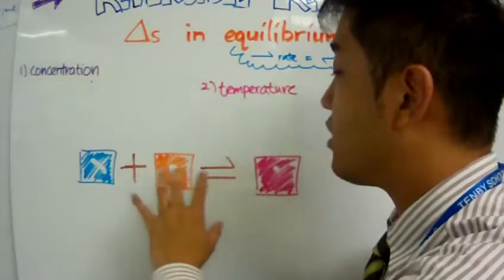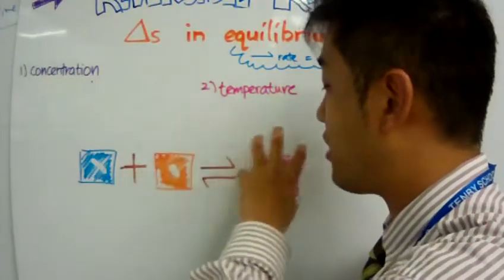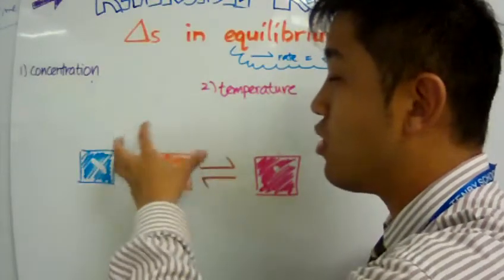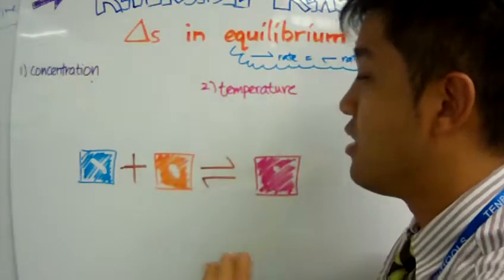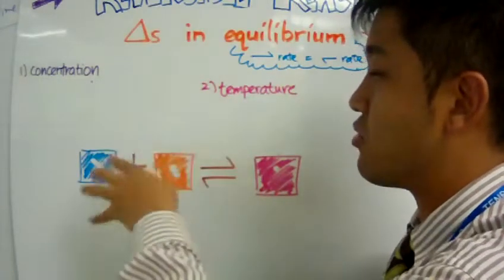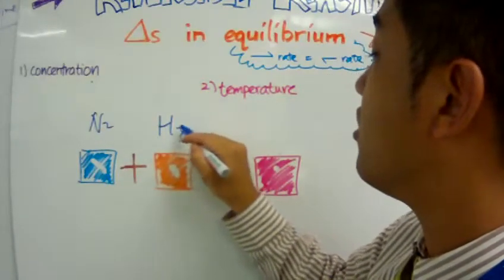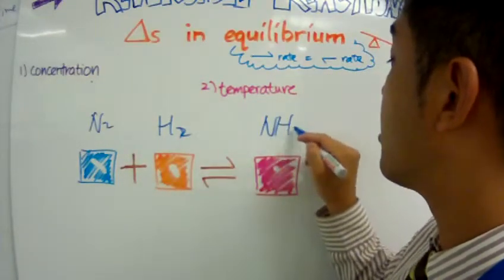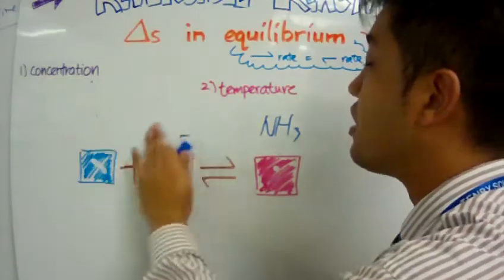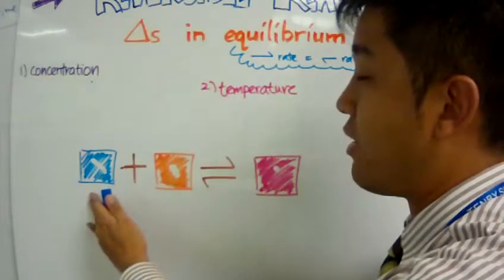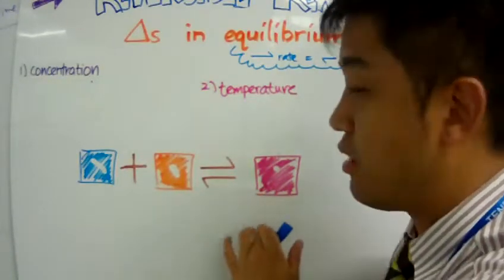So if you look at this reversible reaction, we have a blue and an orange making one thing. So two reactants making one product right here, all right? You can change this to molecules or whatever, like N2 and H2 and NH3. Doesn't matter, okay? So here you have two molecules and here you have one molecule, all right?